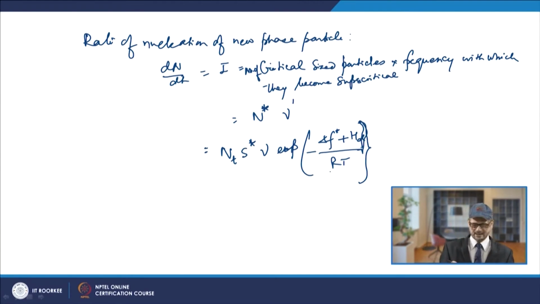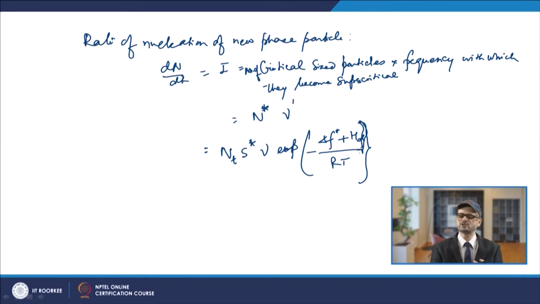So, basically if you talk about the conditions, like if you are talking about the equilibrium melting temperature, at that point you will have this value, depending upon this delta F star or H_D.